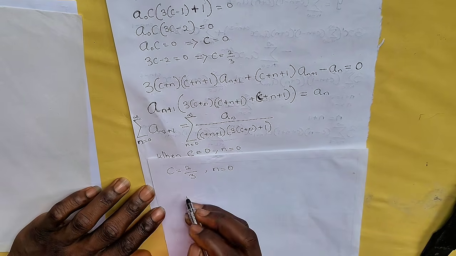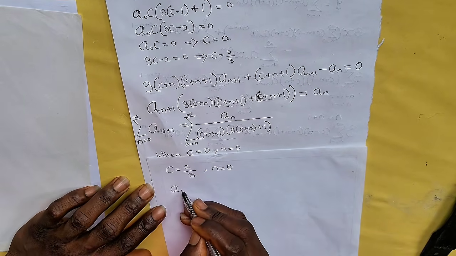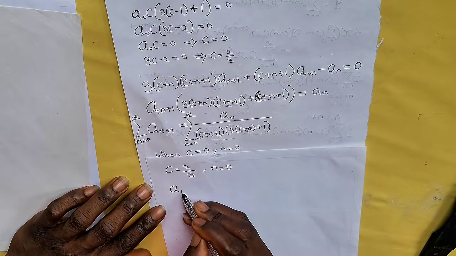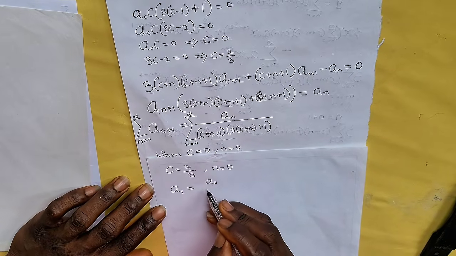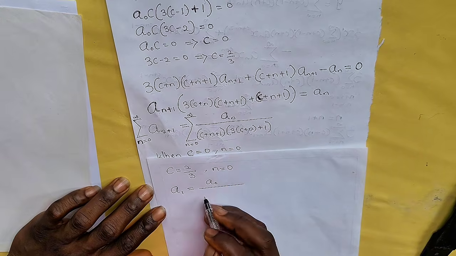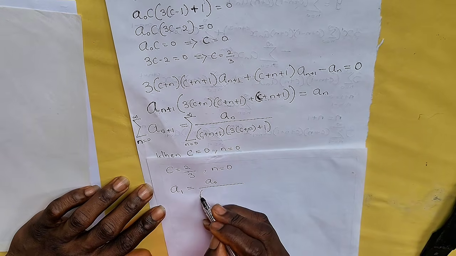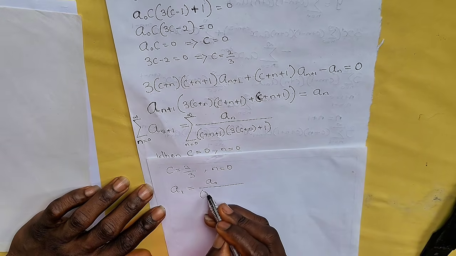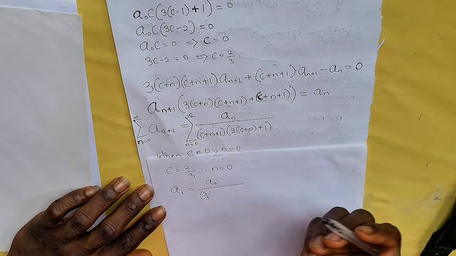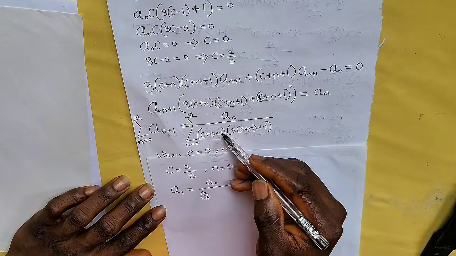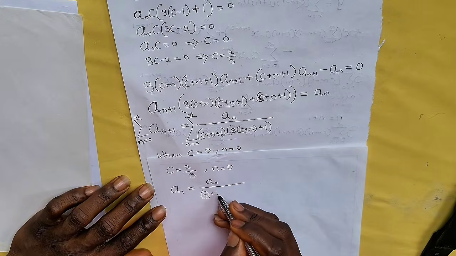So I'm going to have a1 equals a0, right? So here I'm going to have 2 over 3, because c is 2 over 3. So I'm going to have 0 plus 1.